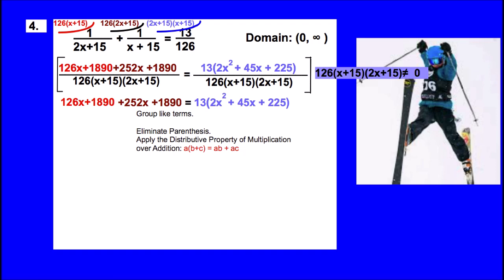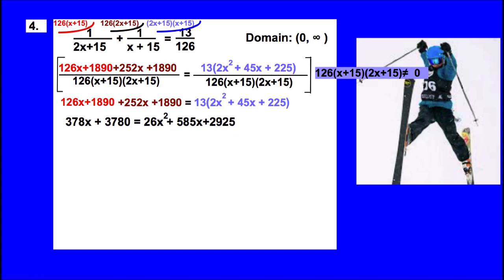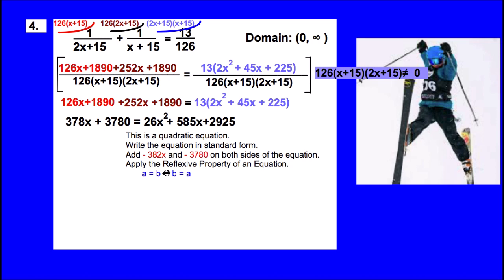Grouping like terms, eliminating parentheses, and applying the distributive property of multiplication over addition, we obtain 378x plus 3,780 is equal to 26x squared plus 585x plus 2,925. This is a quadratic equation.